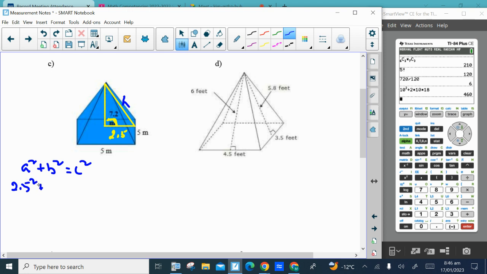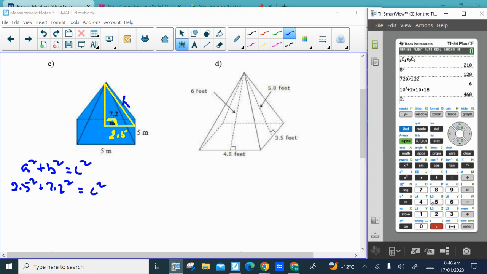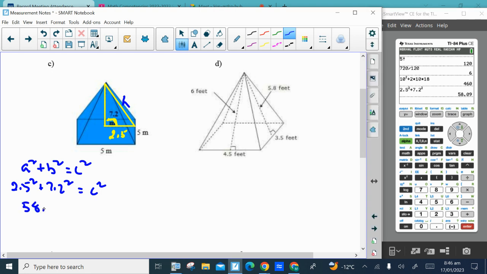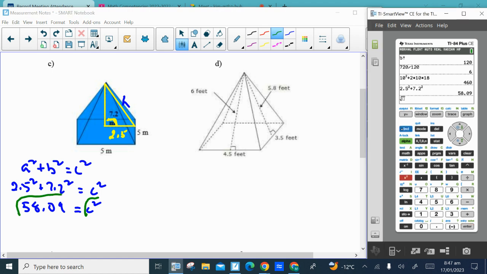So it'll be 2.5 squared plus the height, which is 7.2 squared, equals c squared. 2.5 squared plus 7.2 squared is 58.09. That's what c squared is. And then to find c, we take the square root of both sides, which is approximately 7.6 meters.